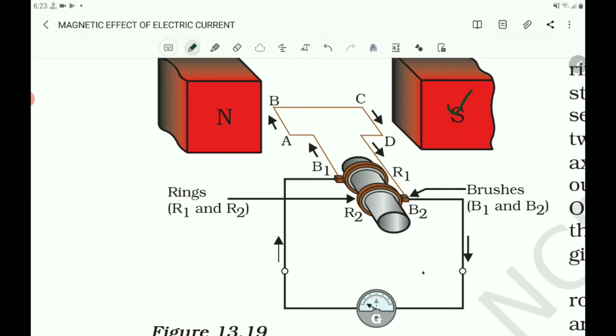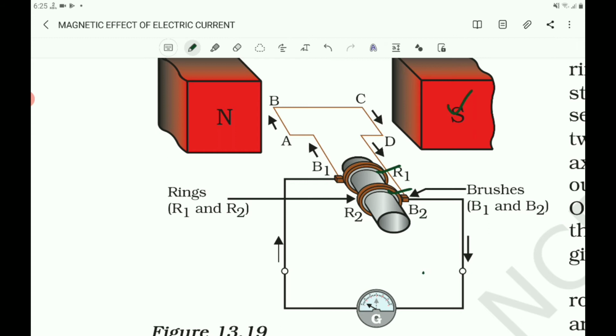The principle and construction of DC generator are similar to that of AC generator, except that a DC generator has split rings commutator instead of slip rings. The DC generator has split rings.